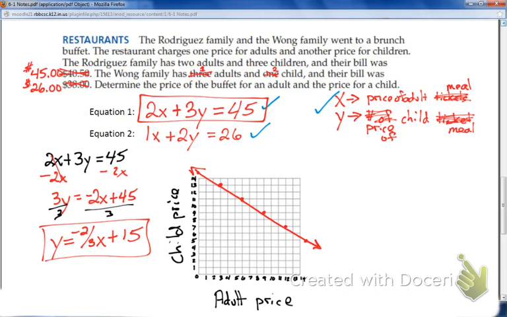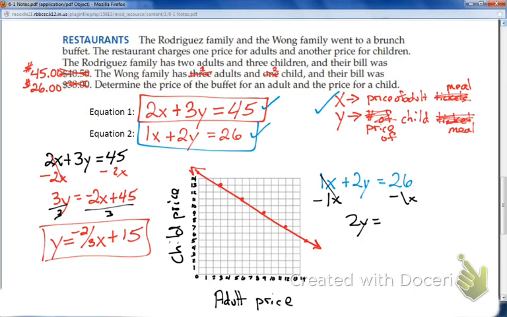Now, we'll do the second equation here in blue, and we're going to have 1x plus 2y equals 26. So we'll start this out by subtracting x.